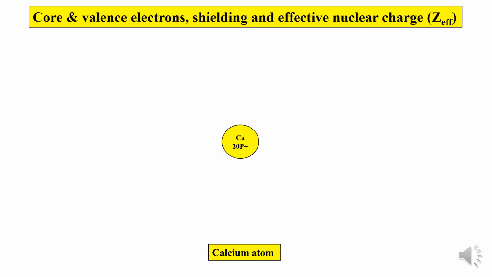The nucleus of calcium atom contains 20 positively charged protons and electrons arranged around the nucleus in their respective shells or energy levels.